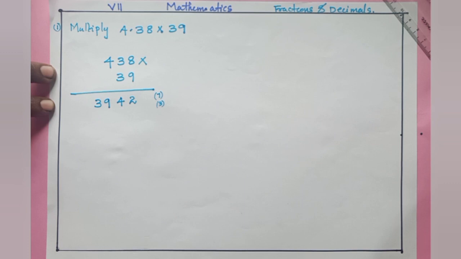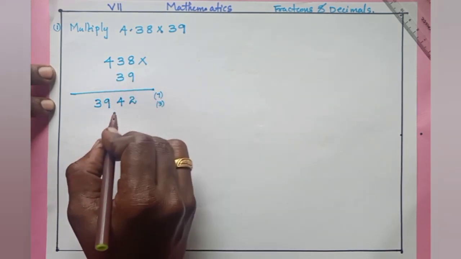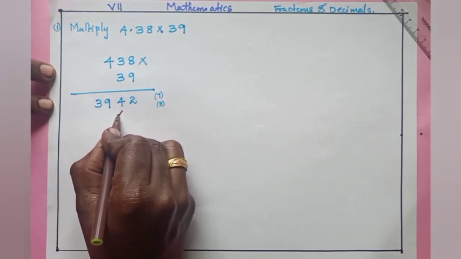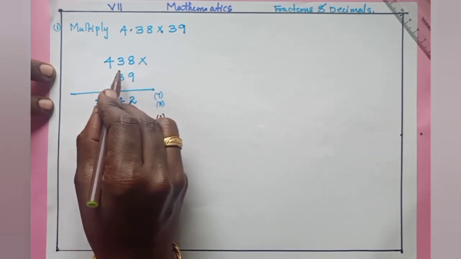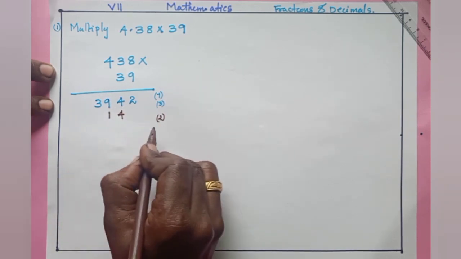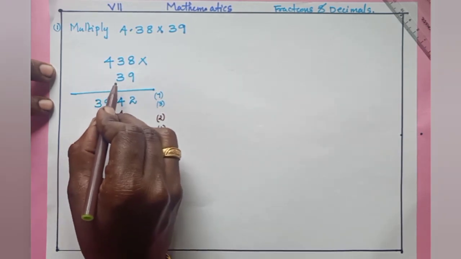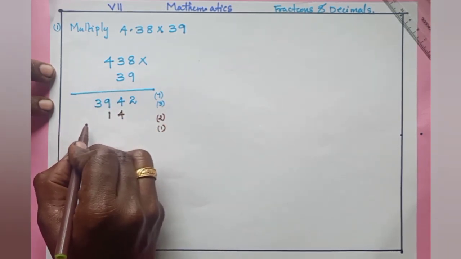Next, multiply by 3. We get 3 into 9, 24, 2 balance. 3 into 3, 9 plus 2, 11, 1 balance. 3 into 4, 12 plus 1, 13.